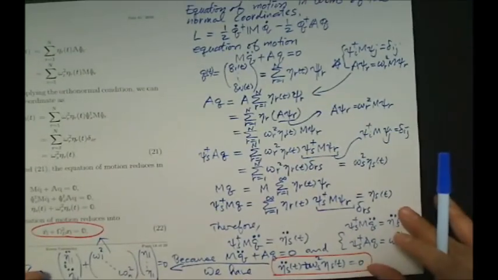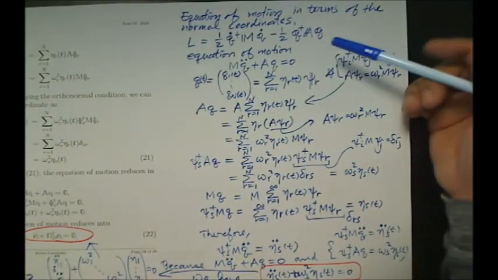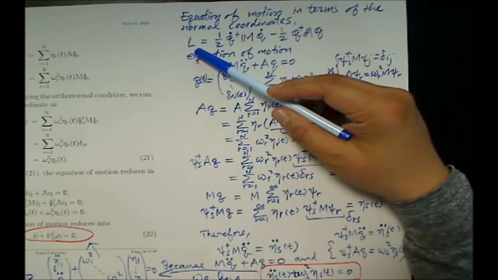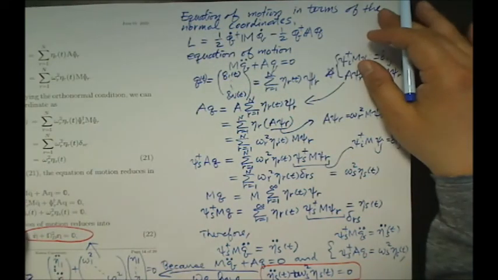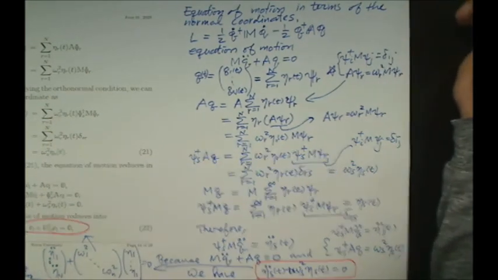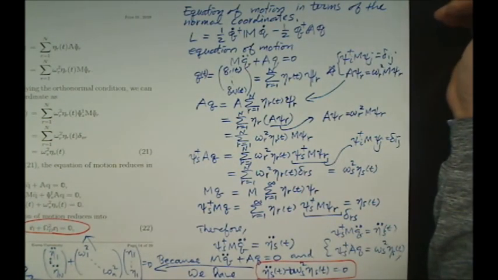Now, in summary, let us review what we have done until now. The Lagrangian of the system is oscillating about the equilibrium position at which the potential energy is minimized. That means for every coordinate, the first order coordinate derivative of the potential energy vanishes at the origin.